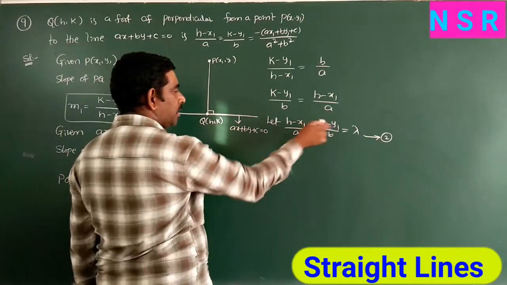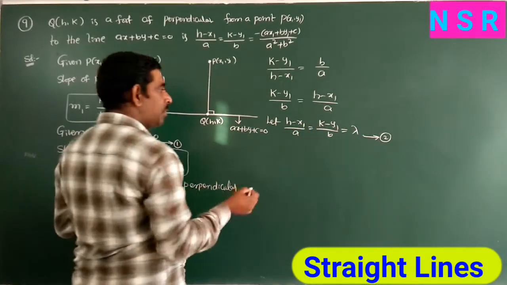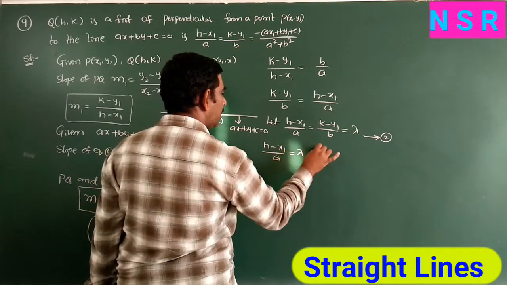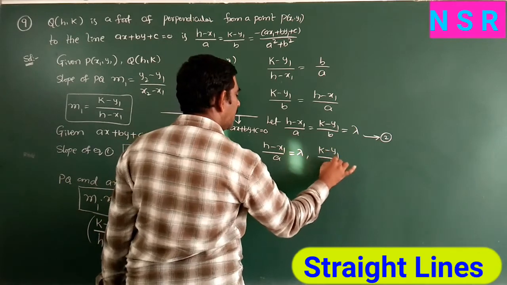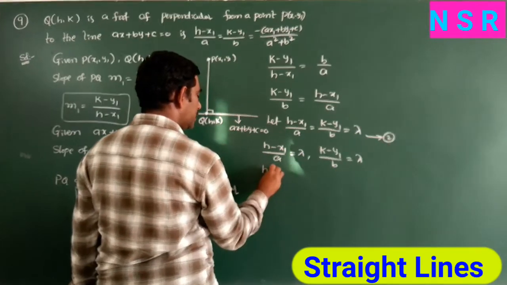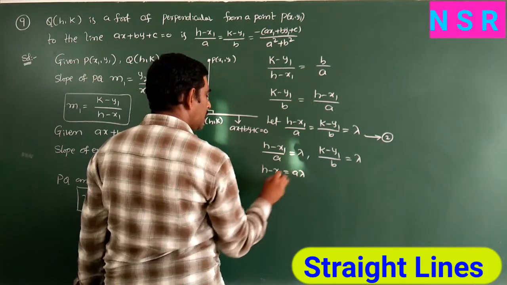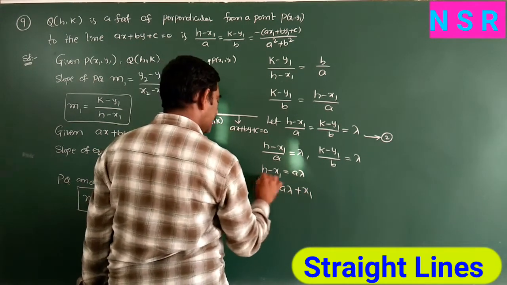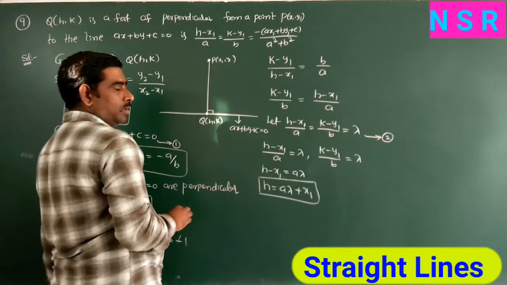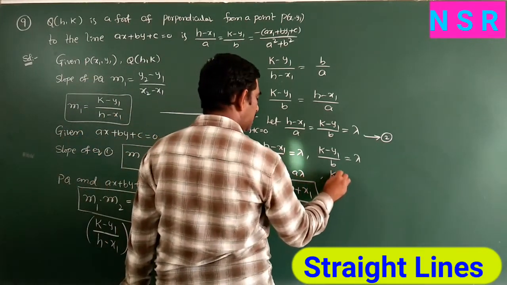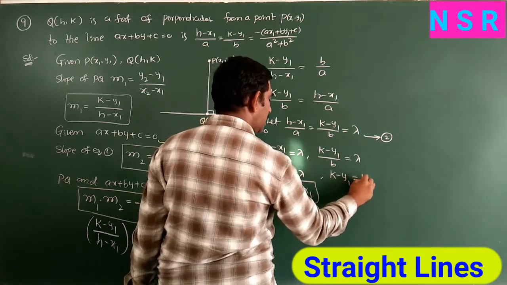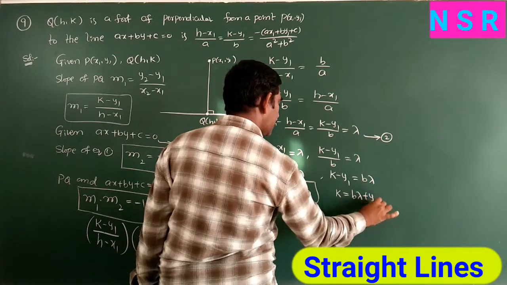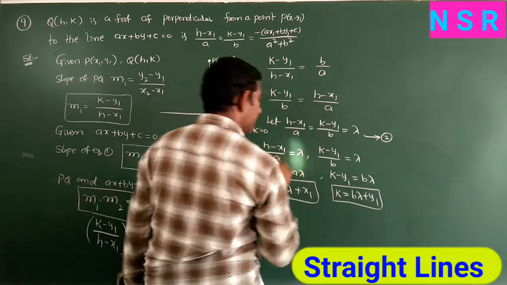Now h minus x1 by a equal to lambda, so h minus x1 equal to a lambda, and h equals a lambda plus x1. So we get the h value. Next k minus y1 equal to b lambda, and k equals b lambda plus y1. So this is the k value.